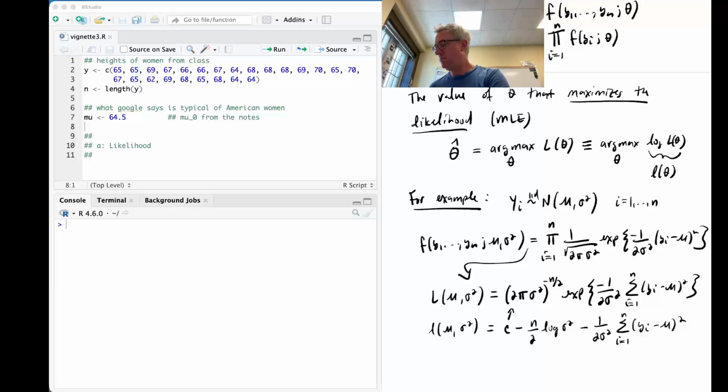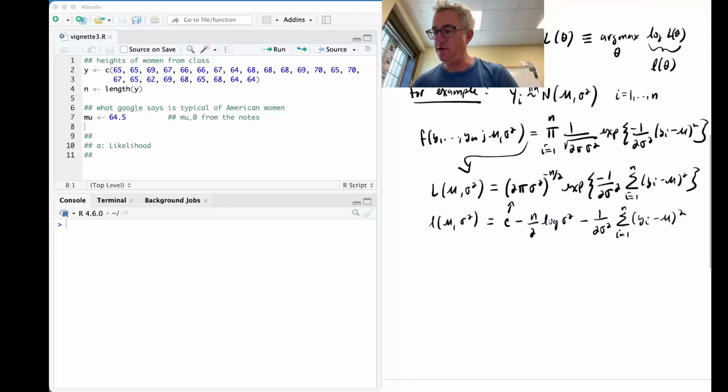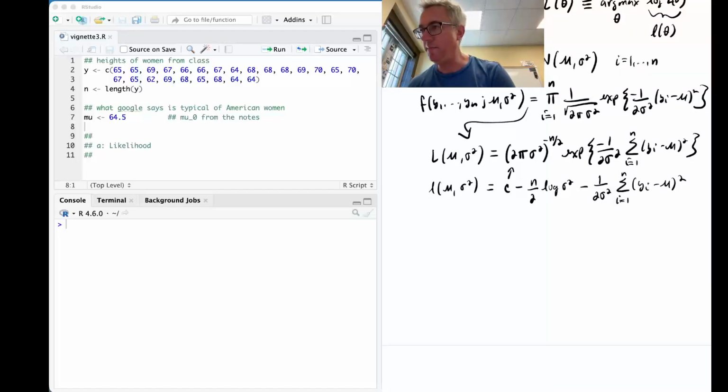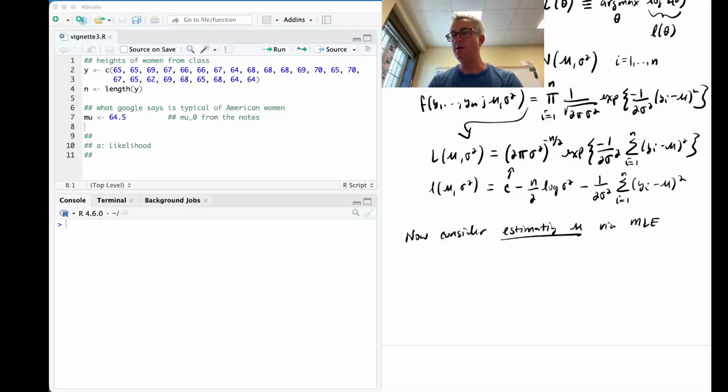Okay, now how do we maximize the likelihood? Well, we do it one step at a time. So now consider estimating mu via maximum likelihood estimation. How do we maximize this log likelihood with respect to a parameter like mu? We use calculus. We take the derivative of the log likelihood with respect to mu.